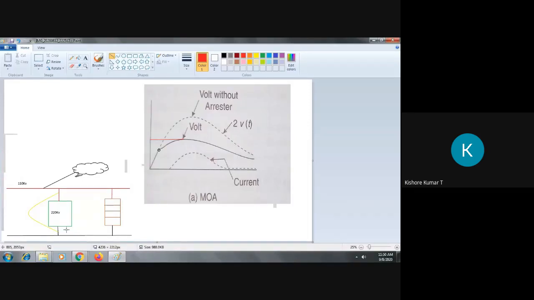This is the major advantage for which we will be choosing these metal oxide lightning arresters rather than the conventional type lightning arresters, unless there are some special applications. Is it clear?